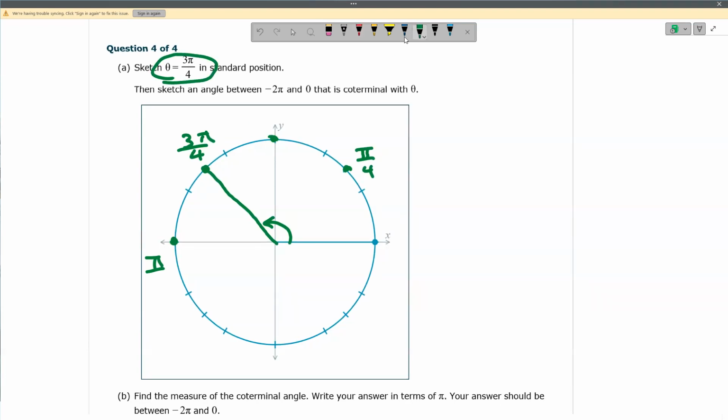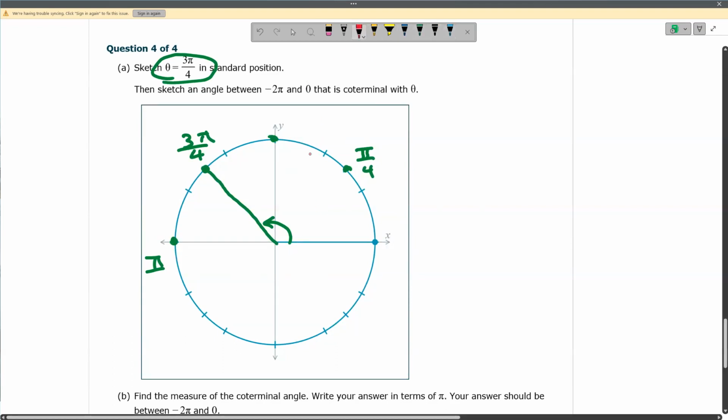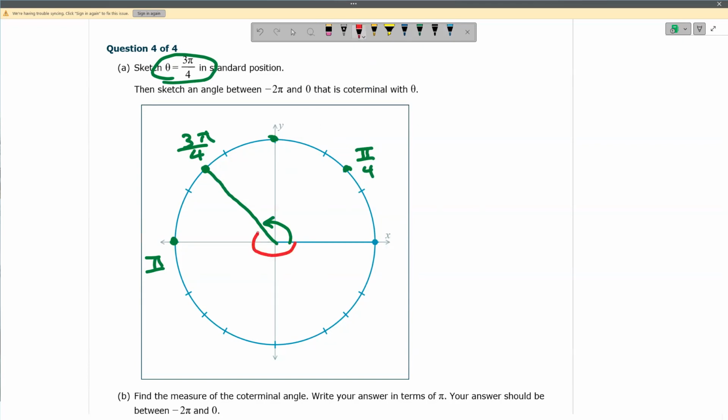If you want the coterminal, we can go and find the other one in the negative direction. In this case, it is this. So what's the measure? Don't forget this is also pi over 4.